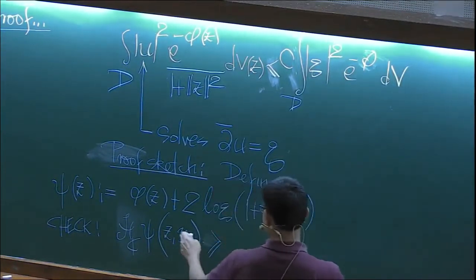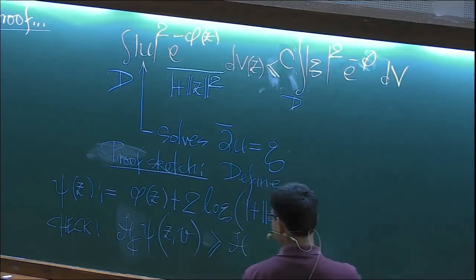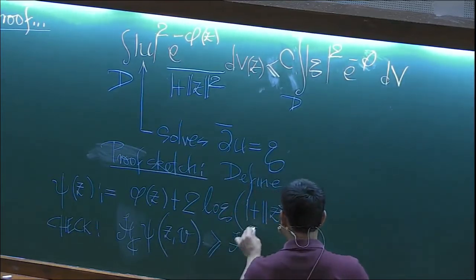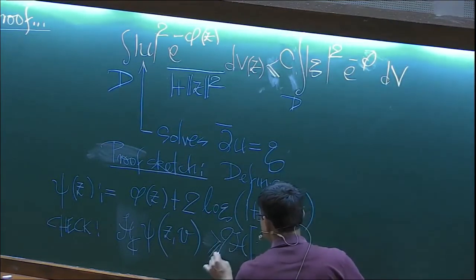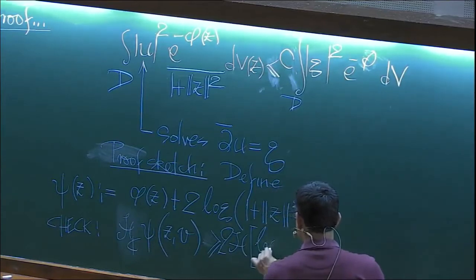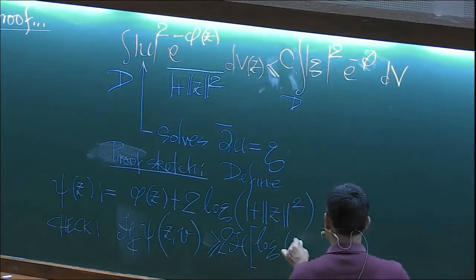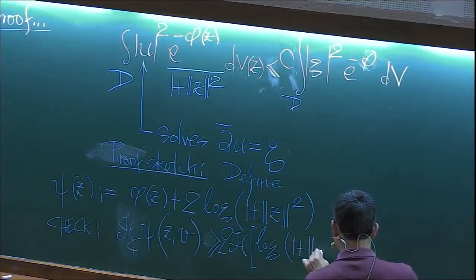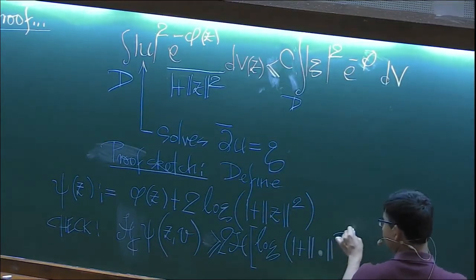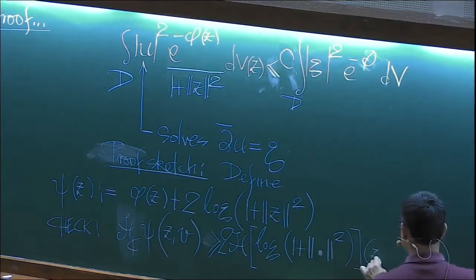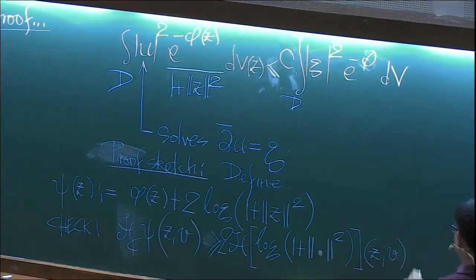So this dominates the Hessian of the function 2 times the log of (1 + |z|^2). And this turns out, by a basic calculation, to be this quantity.